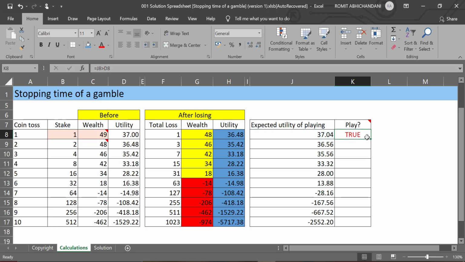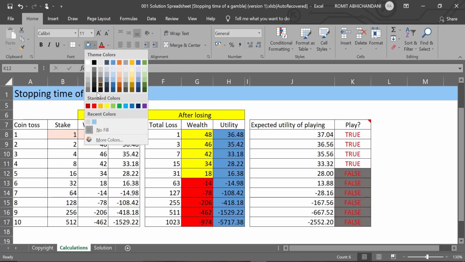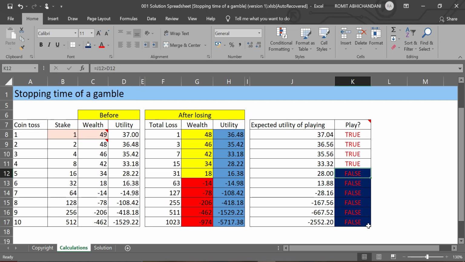So in this case it is, and you can check for all the cases. It's only after this point that you will stop playing. In all of these cases you will play. Why? Because here your expected utility of playing is greater than your existing utility. That's the idea.